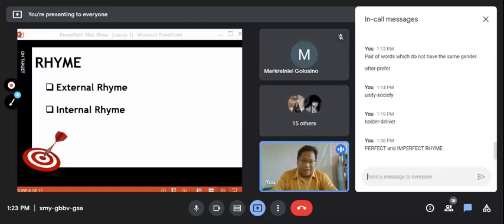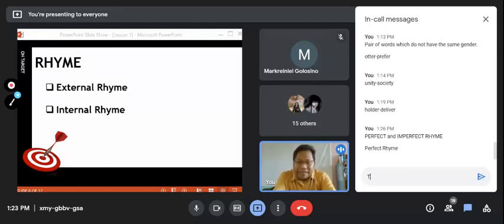We will now deal with perfect and imperfect rhyme. Perfect rhyme shows a set of words that rhyme with exactly the same sound.